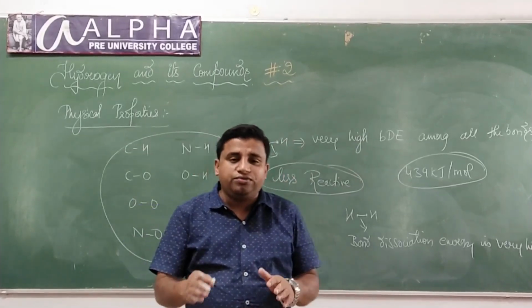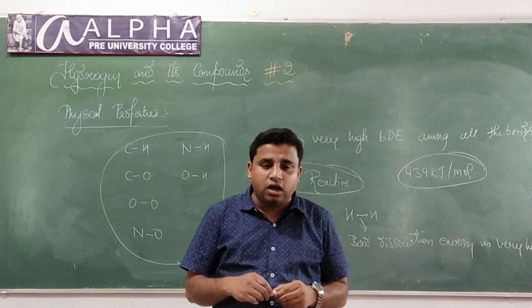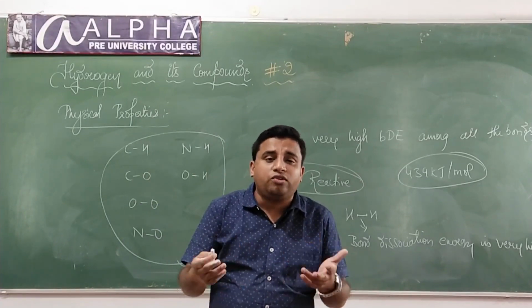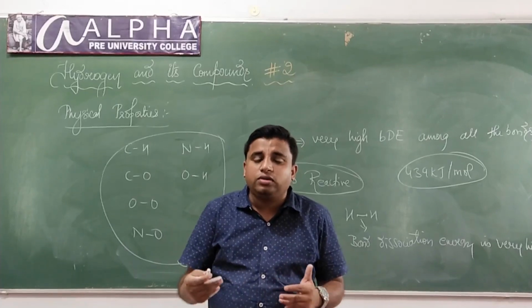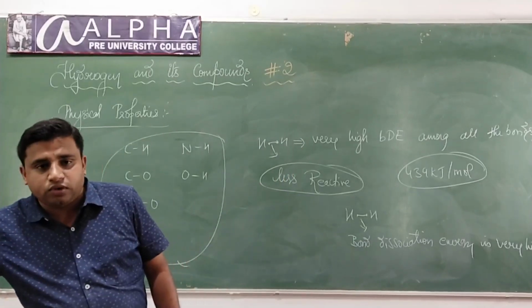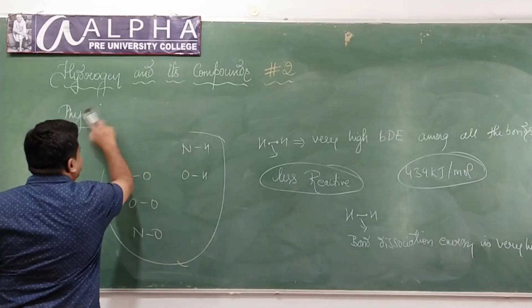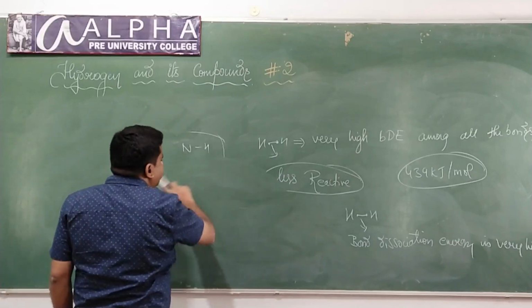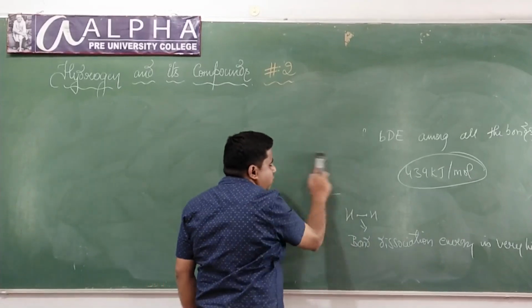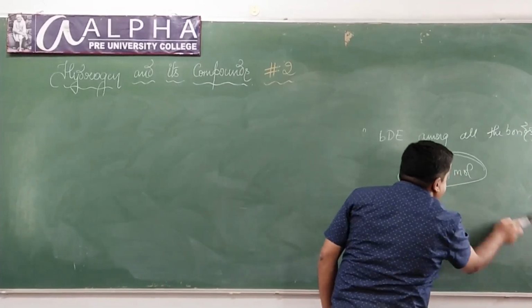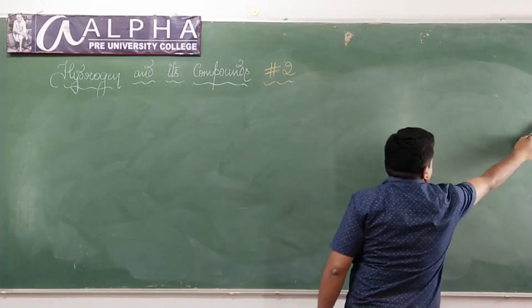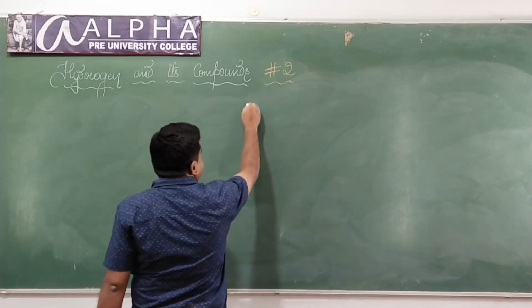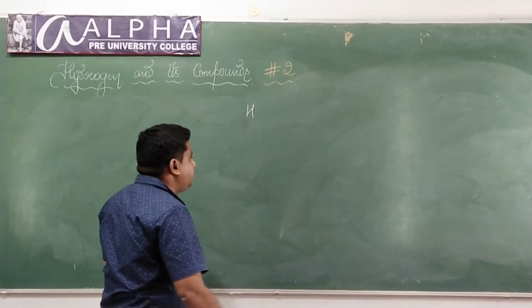So that's about the physical properties of dihydrogen. Now guys, let us talk about the different forms of hydrogen. Hydrogen exists in two different forms.